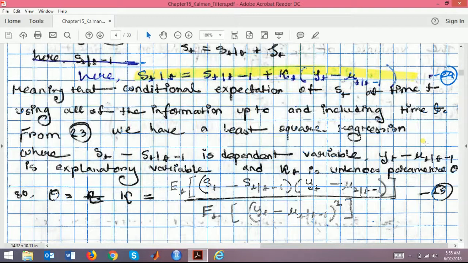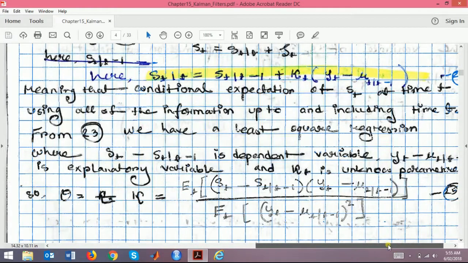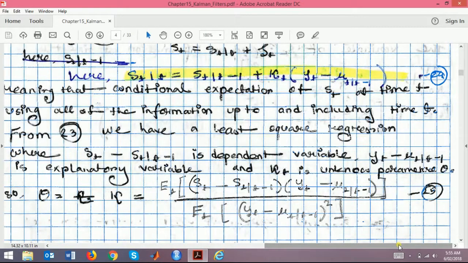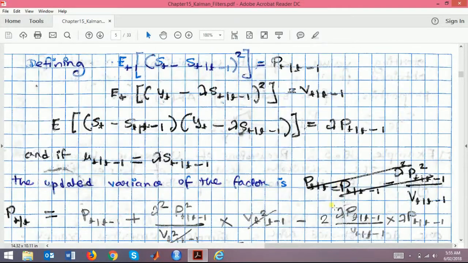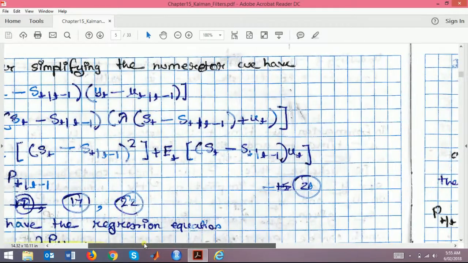As we know, variance is represented by v1 0. So y1 minus mu1 0 squared, you remember y minus y1 multiplied to x minus x1 divided by x minus x1 whole squared. So that is the only equation. Simple.